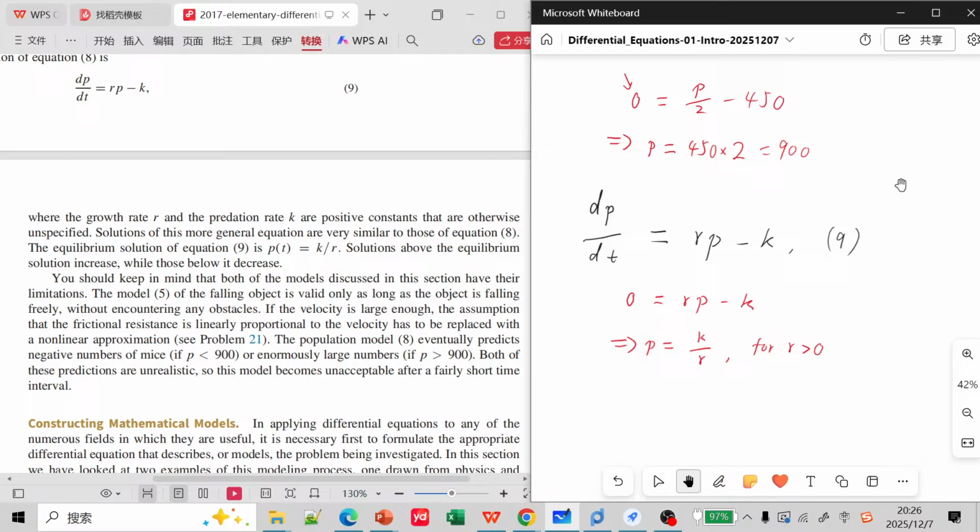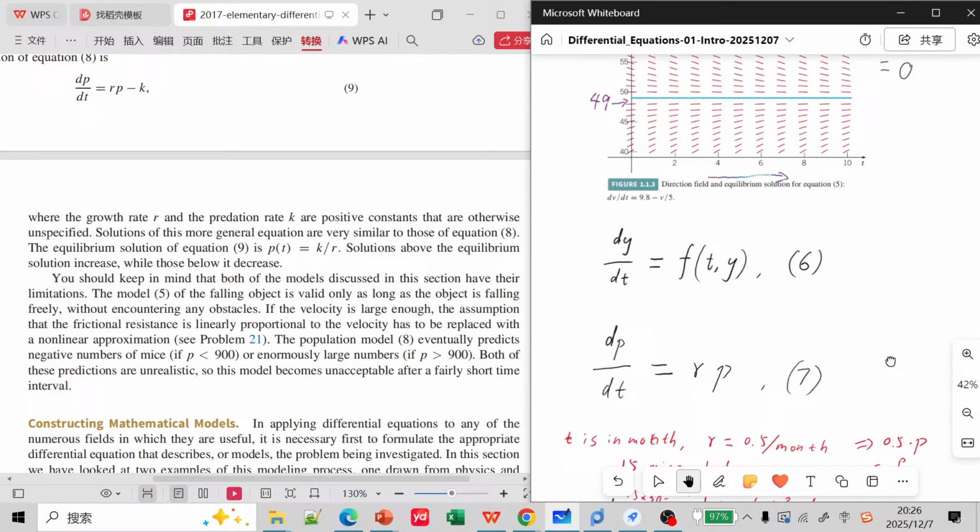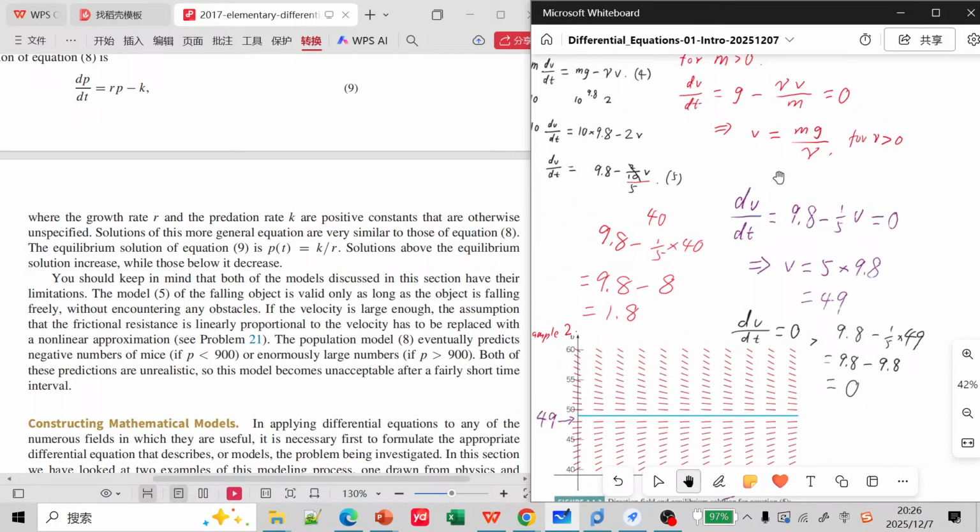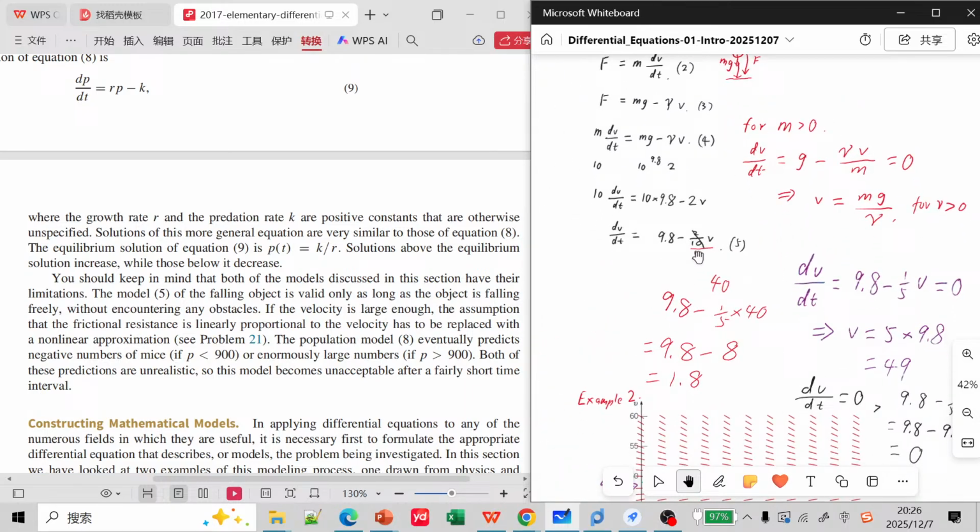Let's look at equation 5. This is equation 5. If the velocity is large enough, the assumption that the frictional resistance is linearly proportional to the velocity has to be replaced with a nonlinear approximation.